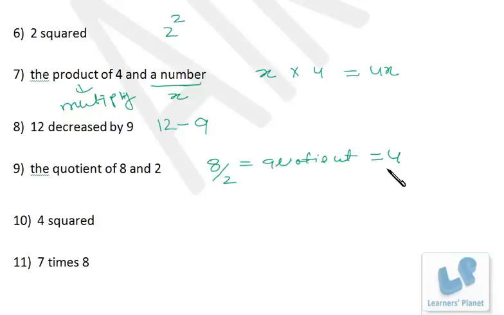In this case it is 4, but every time it will not be 4. If the numerator is unknown, then you'll get an algebraic expression. Here it is 4 squared. 7 times 8: 7 is multiplied by 8, or 7 times 8, both are the same thing.